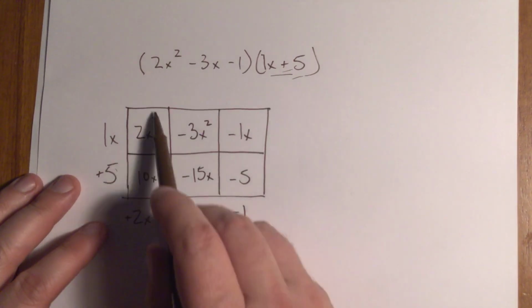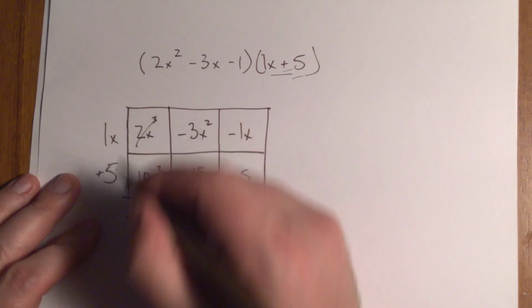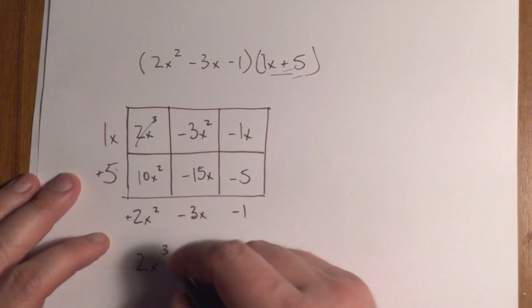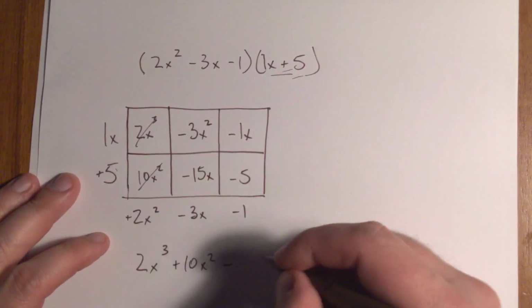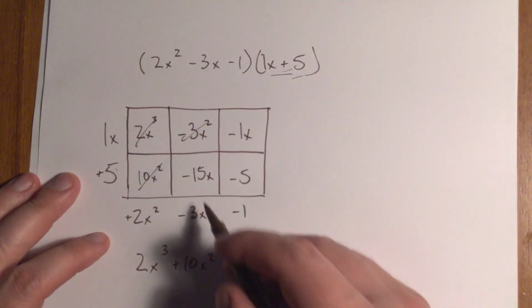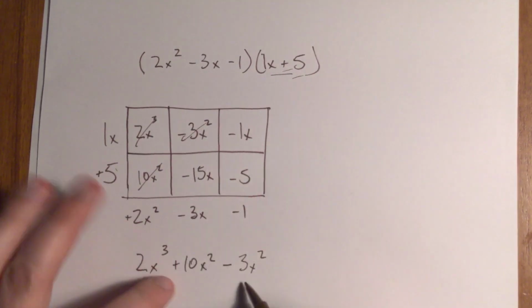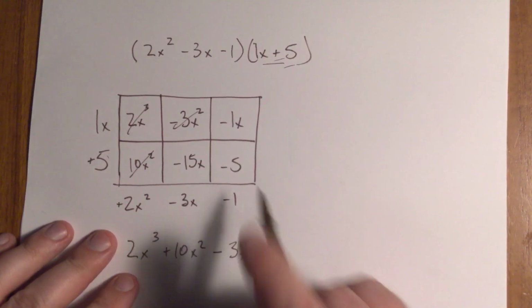So at the end of the day, I'm going to have 2x cubed plus 10x squared minus 3x squared. I can just stop here because they're just looking for what this is, but let's just do all of it.